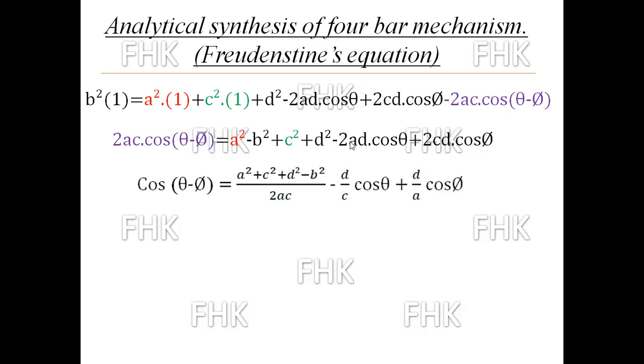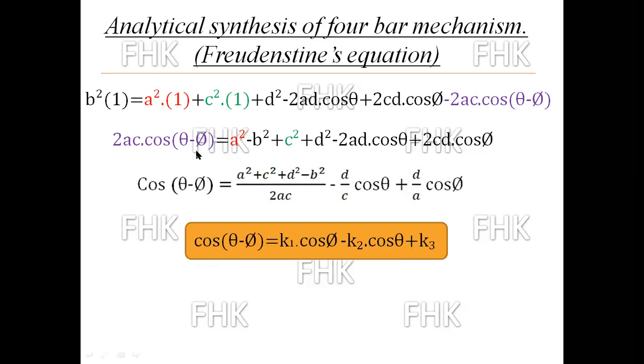Minus, this 2 and 2 will get cancelled, a and a will get cancelled. So d divided by c into cos theta, plus this 2 and this 2 will get cancelled, this c and this c will get cancelled. This a will move towards the right. So d by a cos phi.